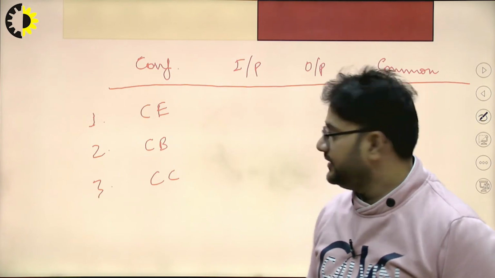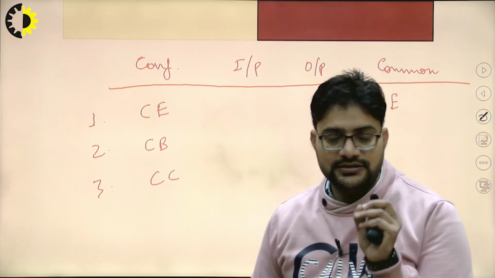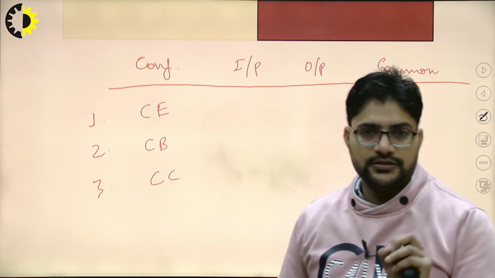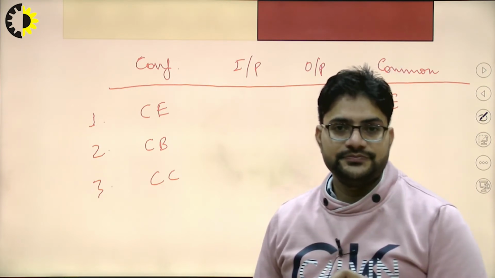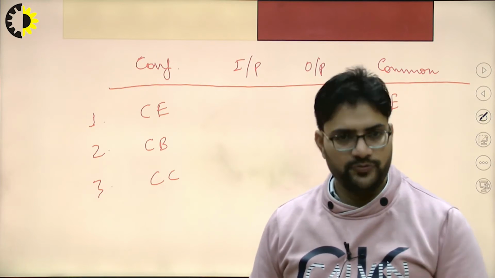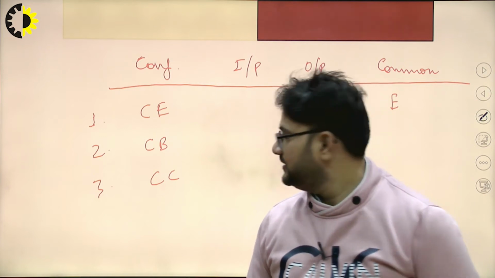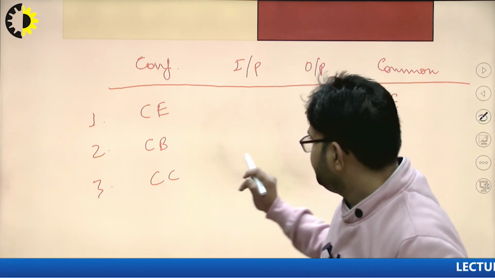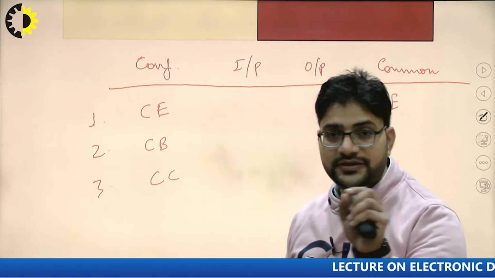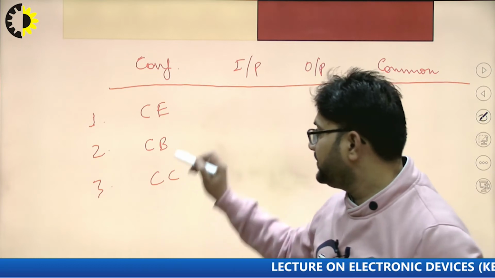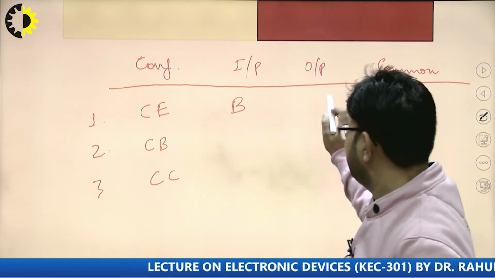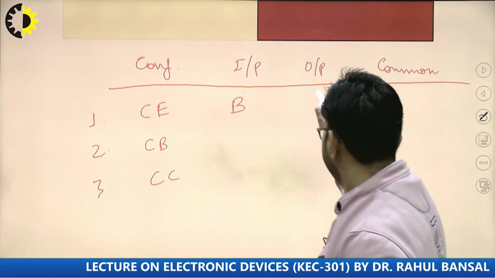If a side is common, it cannot be used as the input and output. Input will be given at the base side and output will be taken from the collector side.